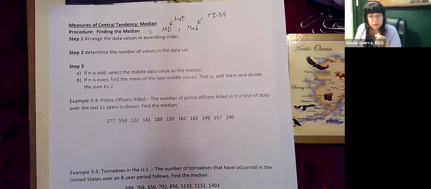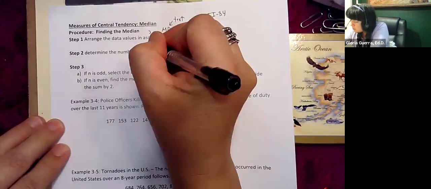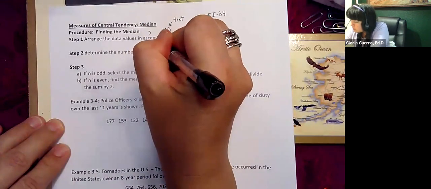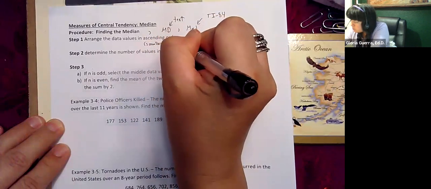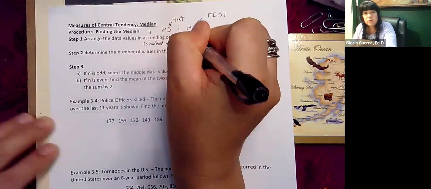But you want to arrange the data in ascending order, and what does that mean? That means smallest to largest. And you should have a key for that.